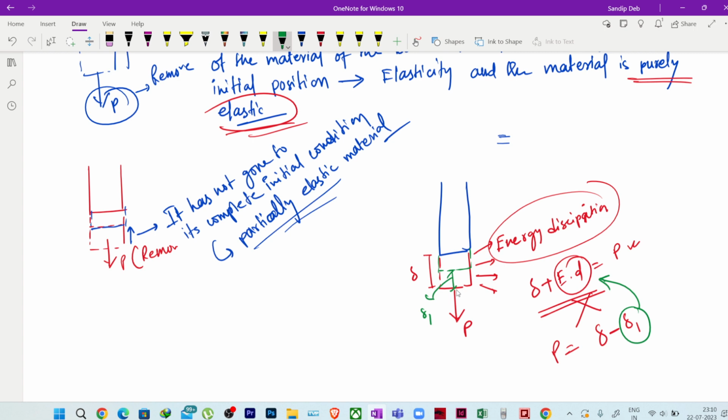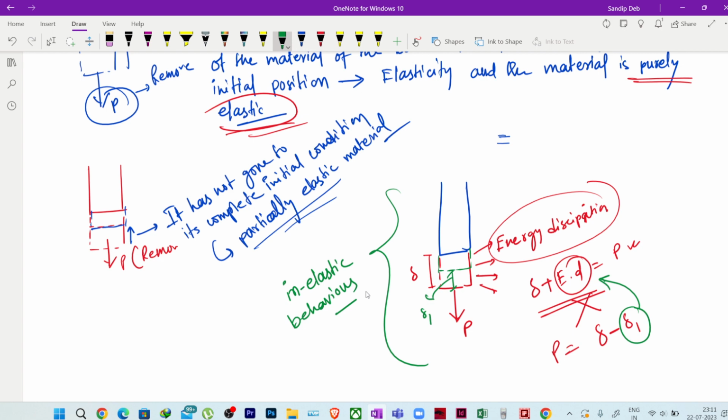Okay, so when this energy dissipation condition comes, this whole behavior we will call inelastic behavior. Inelastic behavior, that means it is not elastic.